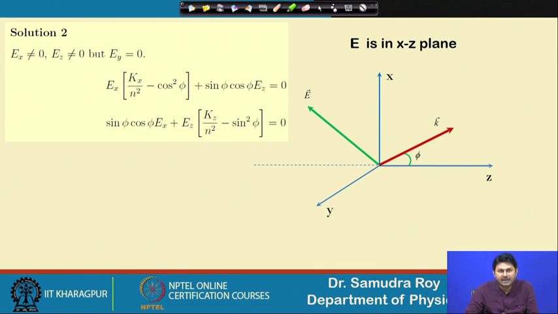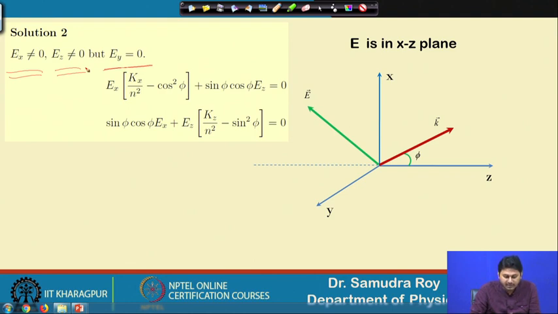So this is the problem we are going to solve in the next class. I am just giving you a hint or introduction to the problem. In the previous case the solution was E y not equal to 0, but E x and E z were 0. Now I just invert the solution. That means now I consider that E y is 0, but E x and E z are not equal to 0.